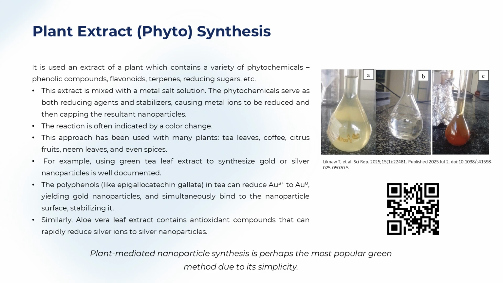The reaction is often indicated by a color change. This approach has been used with many plants: tea leaves, coffee, citrus fruits, neem leaves, and even spices. For example, using green tea leaf extract to synthesize gold or silver nanoparticles is already well documented.